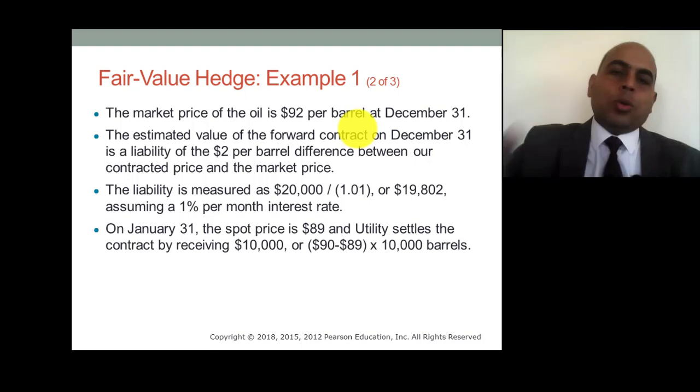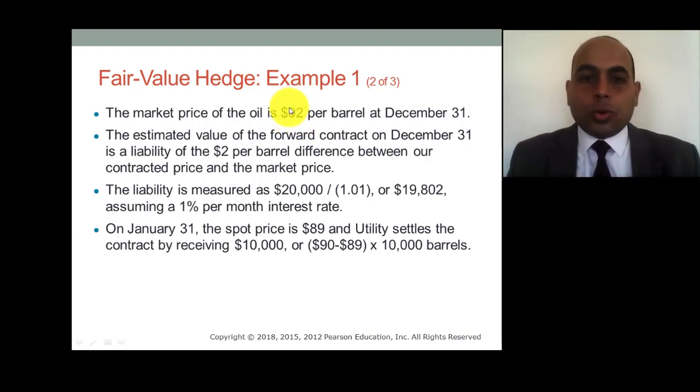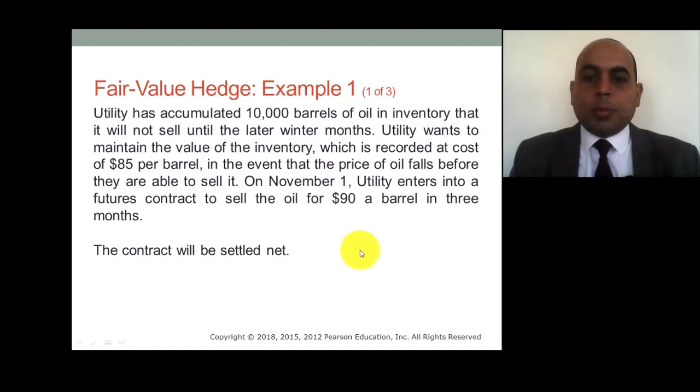At the end of the period, on the date of preparing the financial statement, the market price of the oil is $92. We have entered into forward contract to sell it by $90.